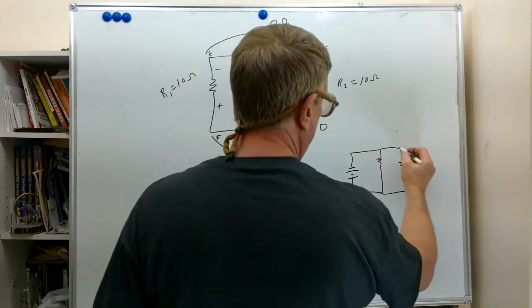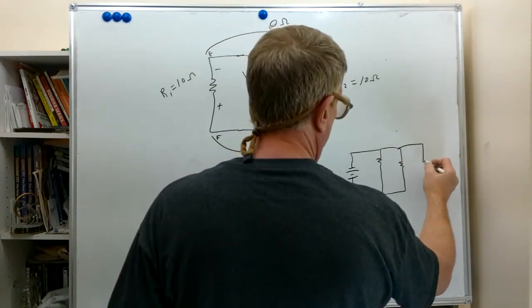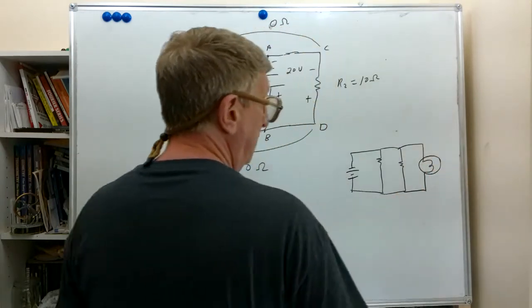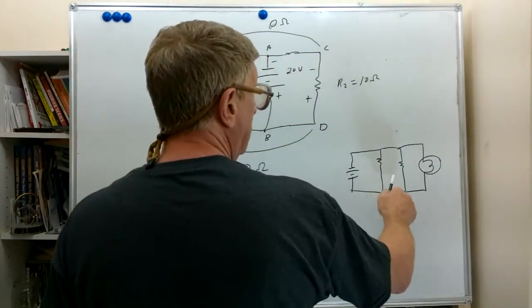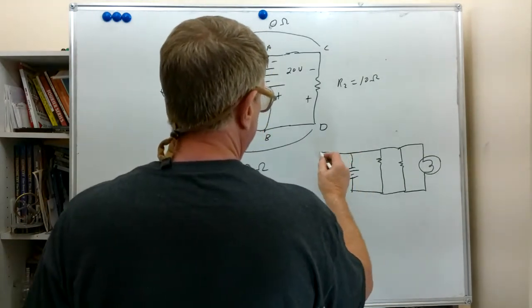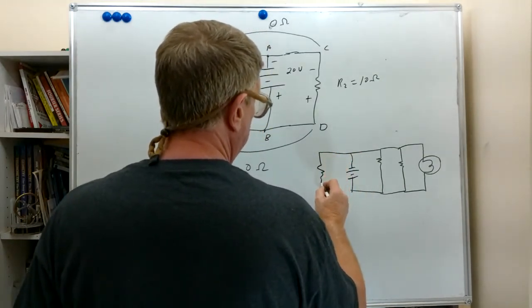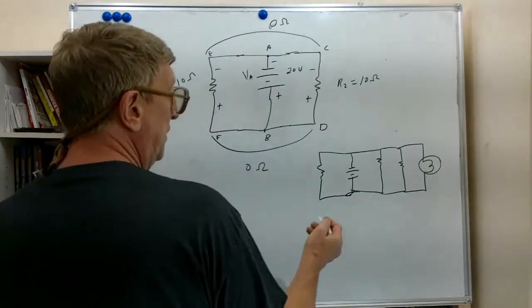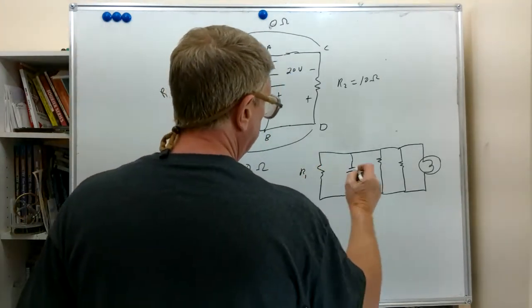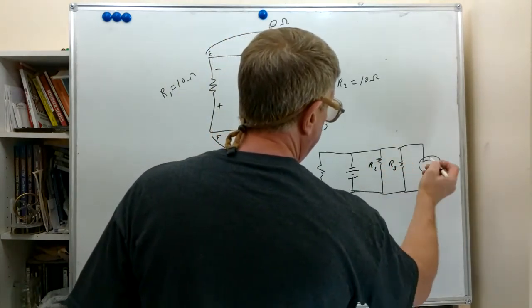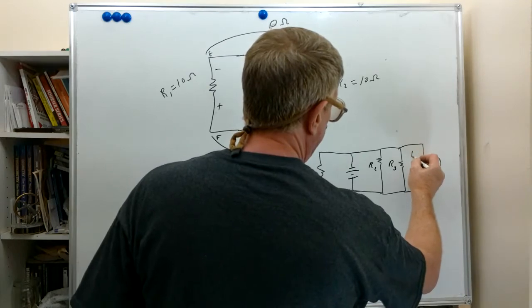Let's even put a light bulb in this thing here. These two resistors and this light bulb are connected in parallel. Let's put another resistor over here. We'll just label these R1, R2, R3, and we'll call this lamp 1.